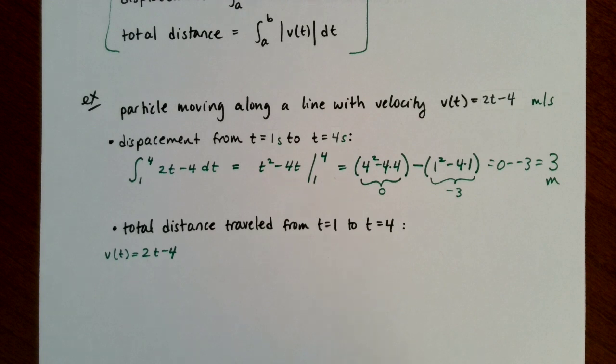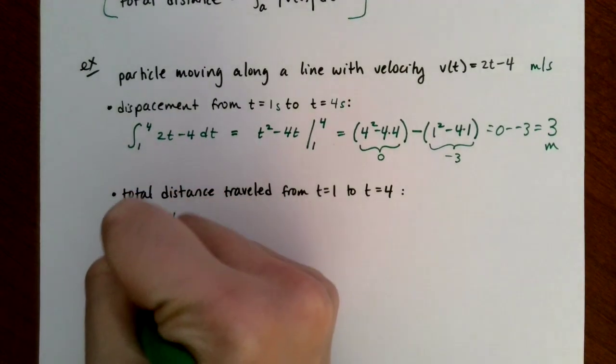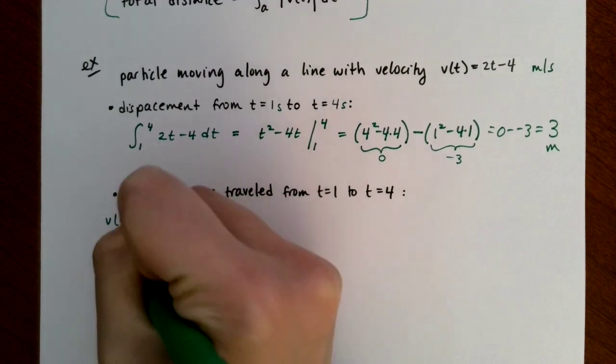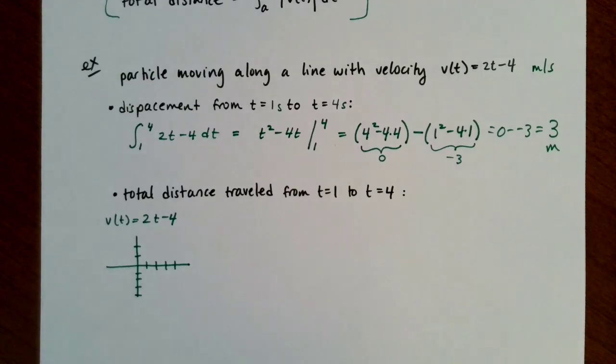So I want to sketch a graph of 2t minus 4 to take a peek at that. This is a straight line, so all I would need is 2 different t comma v points instead of x, y. I just need to connect 2 points here.